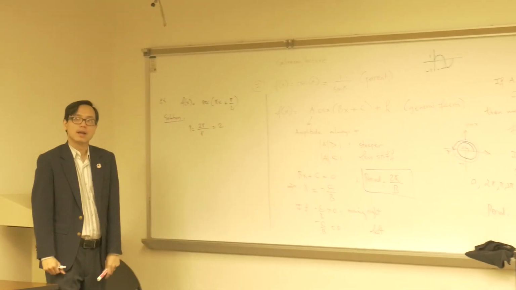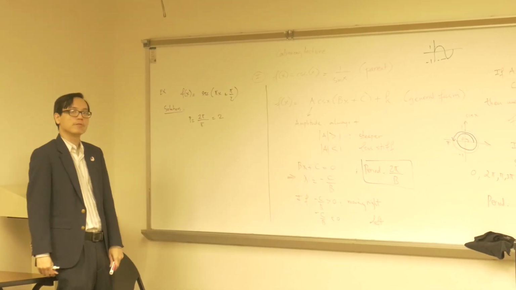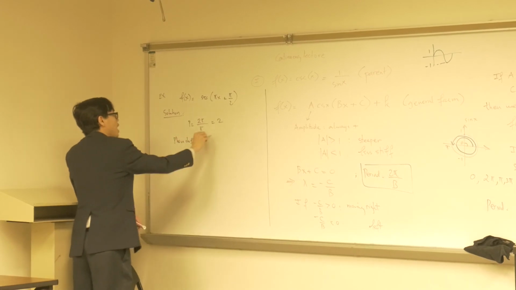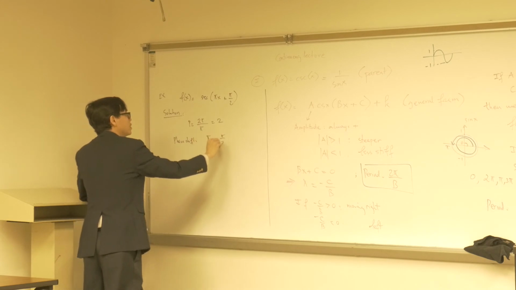Your b is here. And we want to know how much we go to the right, how much we go to the left. So we calculate the phase shift. Pi x plus pi over 2 equals 0.